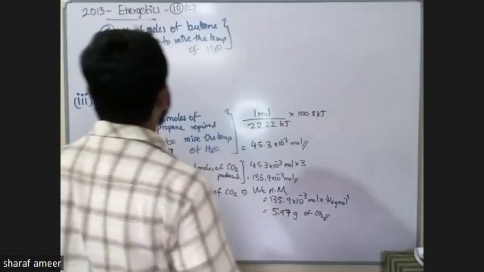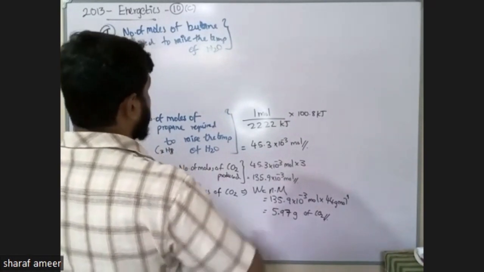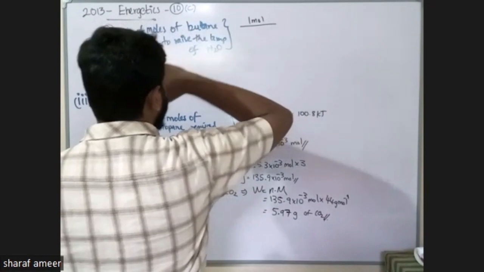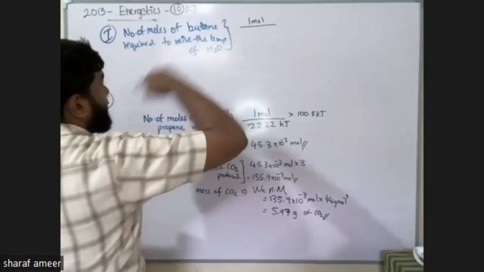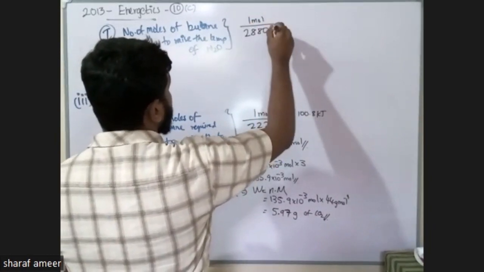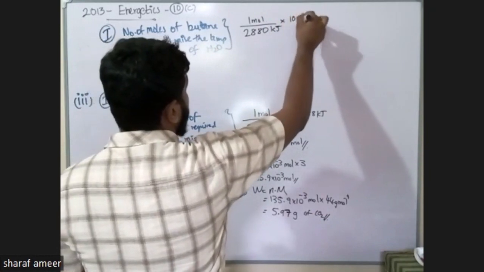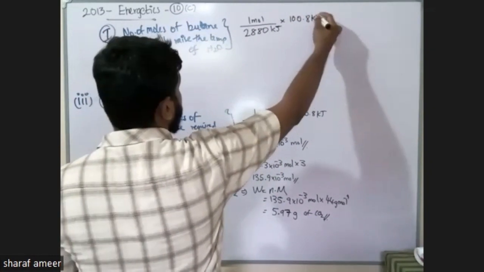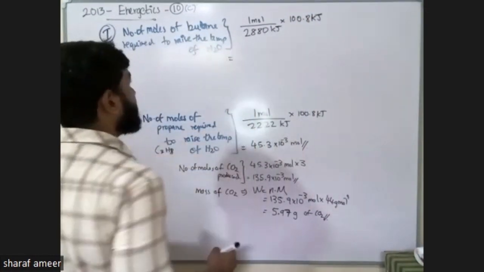See here. So for 1 mole of the combustion, you need 2,880 kilojoules. Then for 100.8 kilojoules, understood? You need to use the fuel to just heat up the temperature of 400 grams of water.